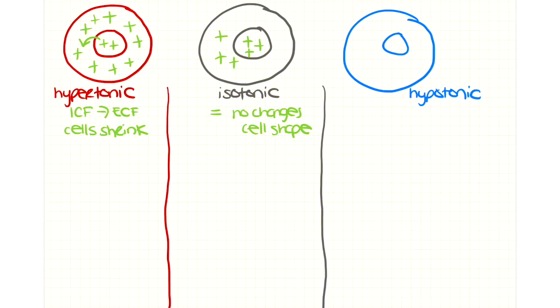In hypotonic, I have so much of the solute intracellular and this tiny amount on the extracellular, so everything is going to go from extracellular to intracellular, which could cause the cell to burst.